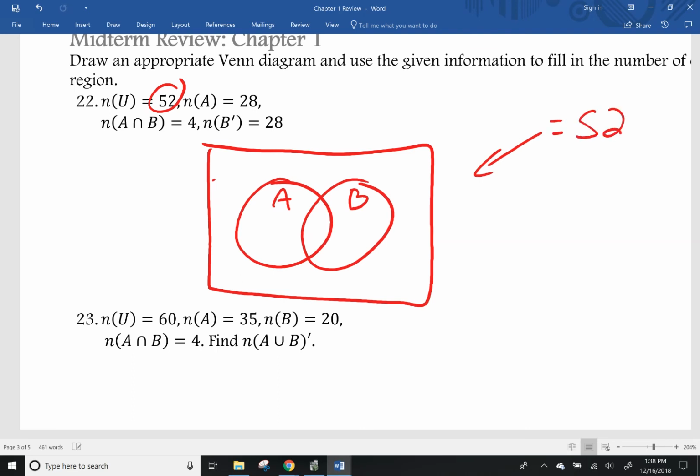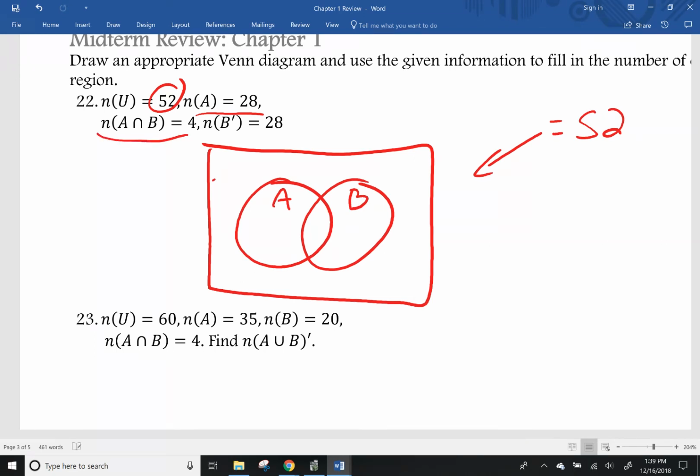The number of elements in A is 28, but I'm not sure how much of that 28 is in this space versus this space, because both of those spaces are technically in A. I can't just put 28 here, because that assumes there's nothing there. There could be 20 elements here and 8 there. That's 28 in total, but I don't know that just yet. I just know that 28 will eventually be the total for those.